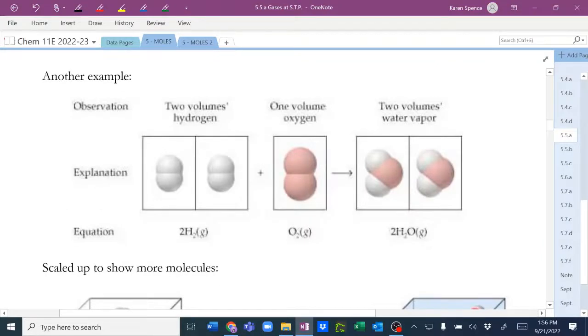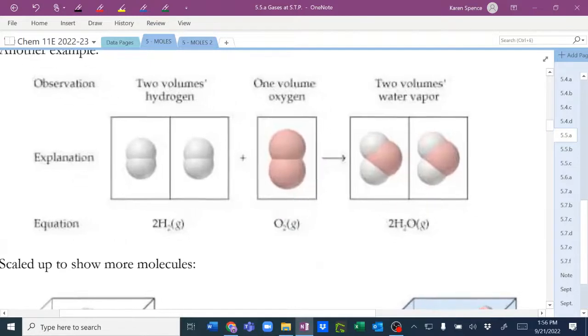So if you have hydrogen gas, 2 hydrogens, and you add it to 1 oxygen, you will get 2 water. So you can have 3 volumes all together, giving you 2 volumes at the end. 3 liters is going to give you 2 liters.